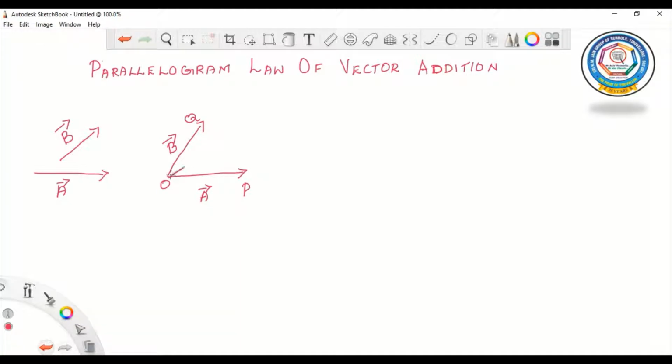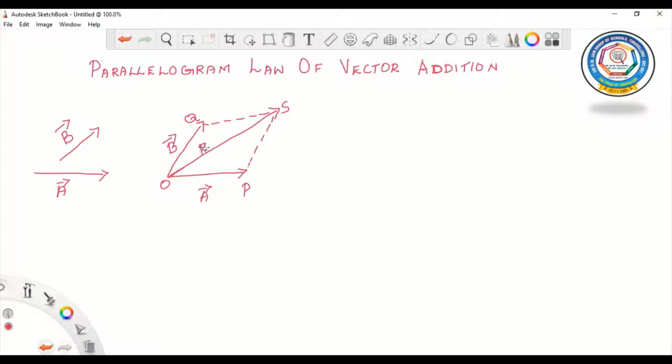So, by the diagonal of the parallelogram passing through that point, this will be our resultant.